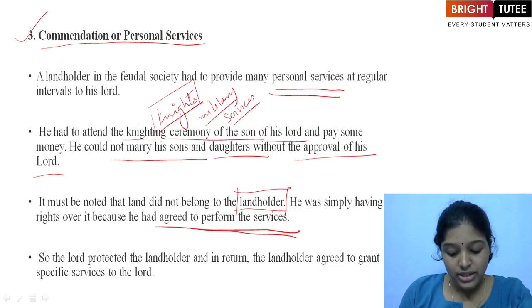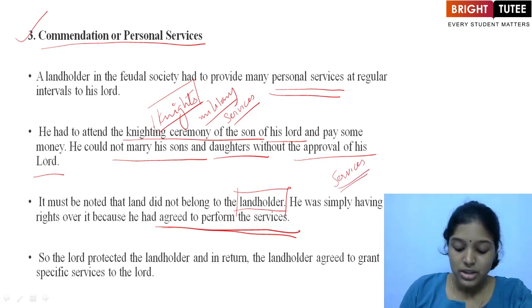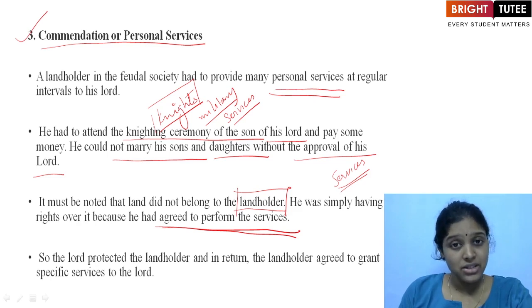So the lord protected the landholder in return. When the services are provided by the tenant, the lord protects the tenant. So in certain ways, protection is granted to the tenant by the lord as the return to the services which the tenants are giving.